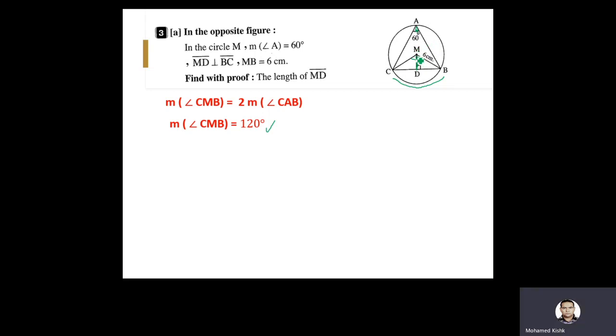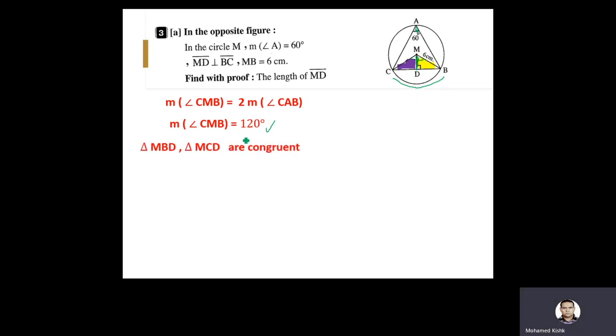Okay, in this triangle, I will color them for you. Okay, this is the triangle, and this one. We have now two triangles, which are MBD and MCD.